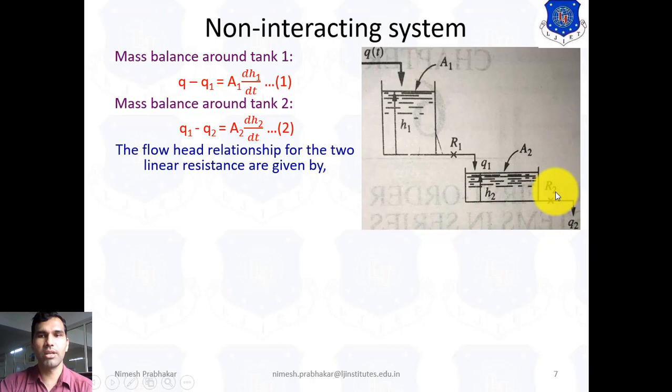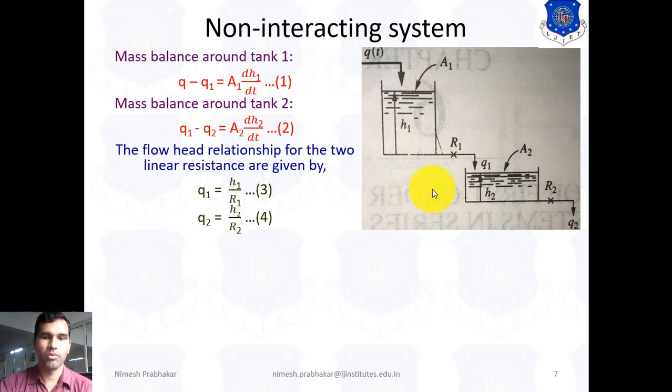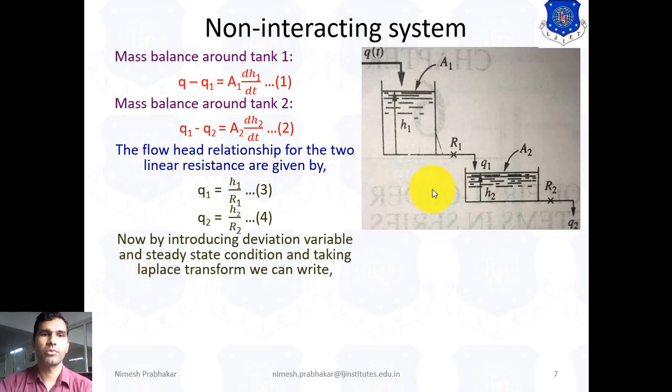As we wrote in the liquid level system, Q1 equals H1 upon R1, and Q2 equals H2 upon R2.